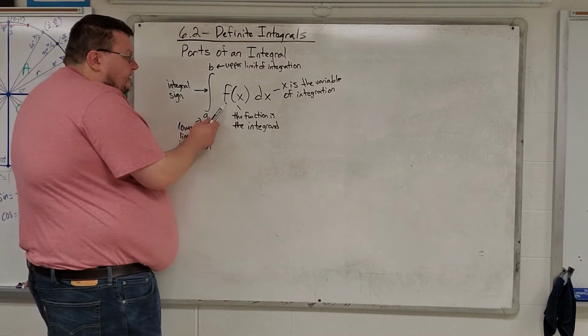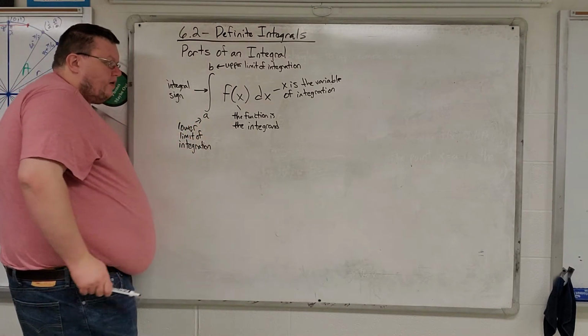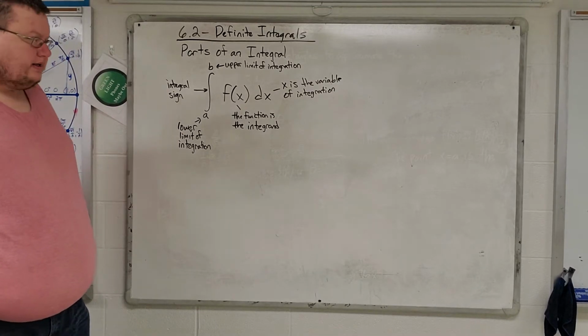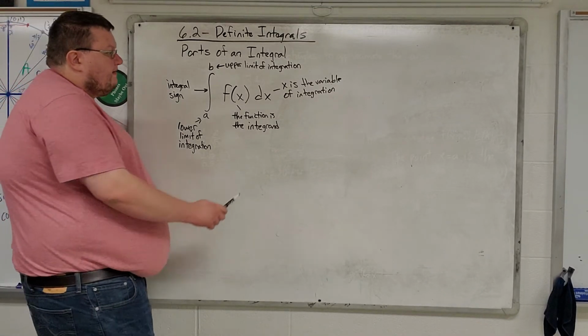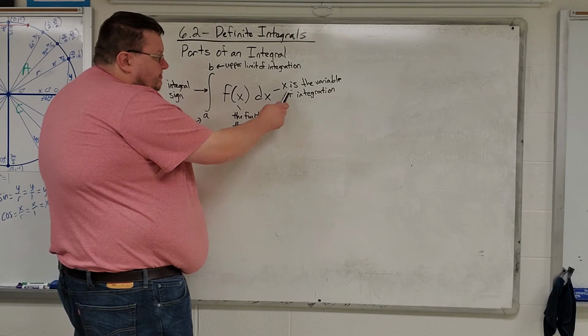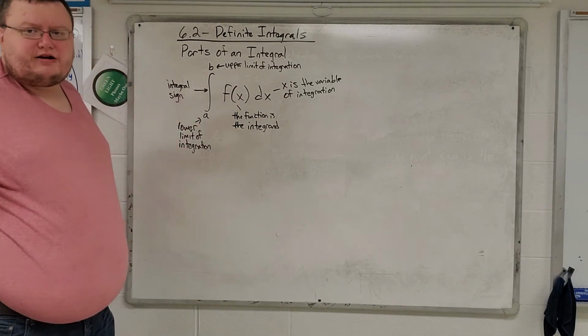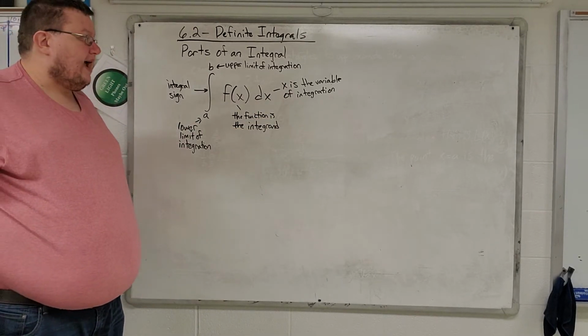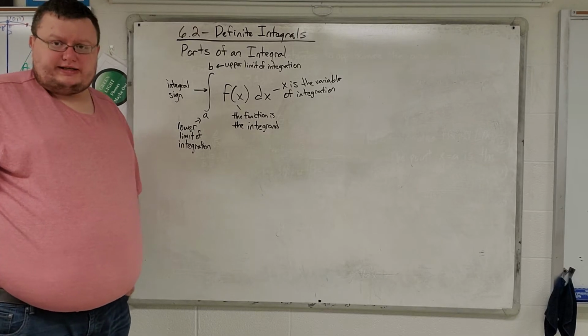You have the function that you're integrating, that is called the integrand. And then you have a dx, a differential, which tells you what variable you're integrating with respect to. x is the variable of integration in this case.